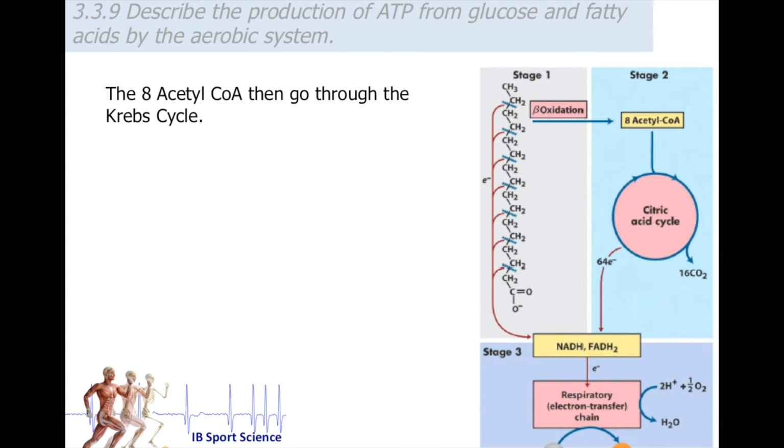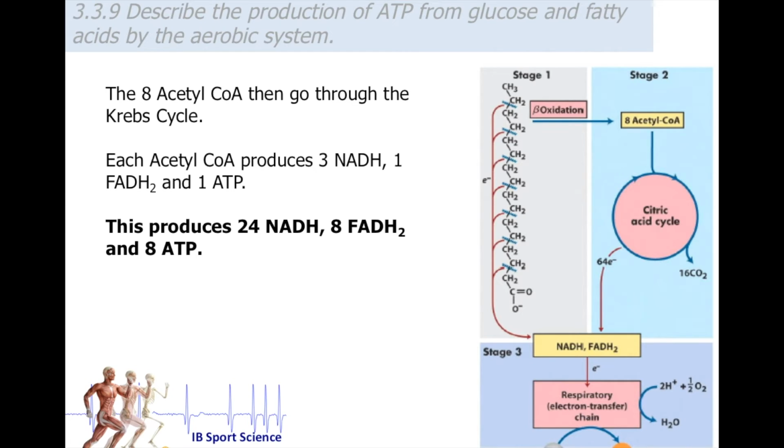Let's look at what happens to the acetyl-CoA now when that goes through to the Krebs cycle. Each acetyl-CoA, as we know from looking at glucose as a substrate, produces 3 NADH, 1 FADH, and 1 ATP in the Krebs cycle. Overall then, the 8 acetyl-CoAs will produce 24 NADH, 8 FADH, and 8 ATP.